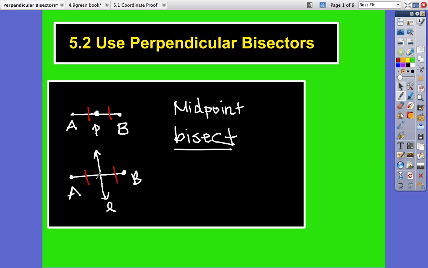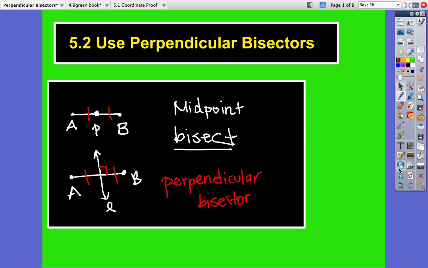So this would also be a segment bisector, but it wouldn't be a midpoint. It would be a line. Now, if this line was 90 degrees, then it wouldn't just be any kind of bisector. It would be called a perpendicular bisector. Perpendicular bisectors are segments or lines that bisect a segment at a 90-degree angle.